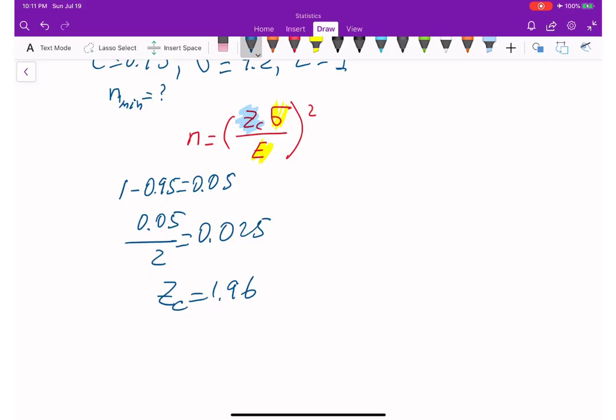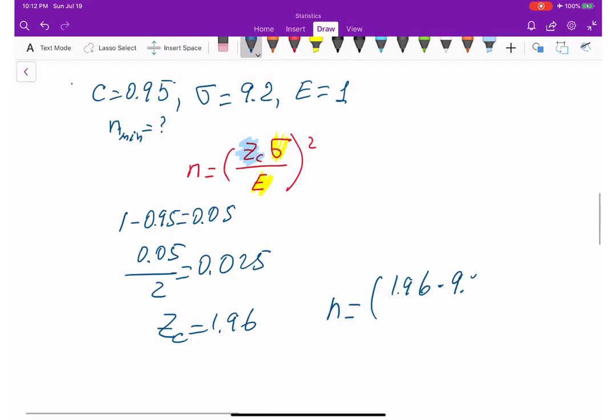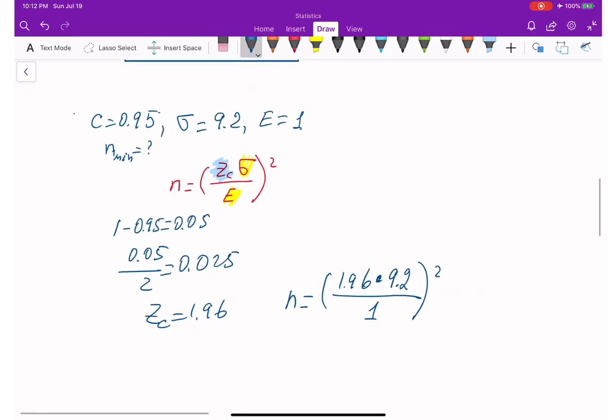All right, so from here, N is going to be equal to Z critical 1.96 times sigma, which is 9.2, divided by the error, which is 1, and all this we are squaring. It's going to be scary to multiply and then square.